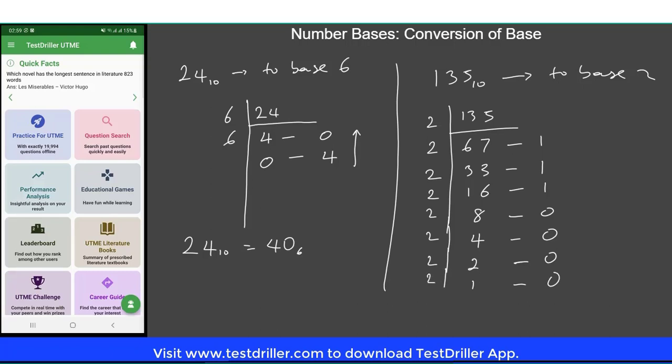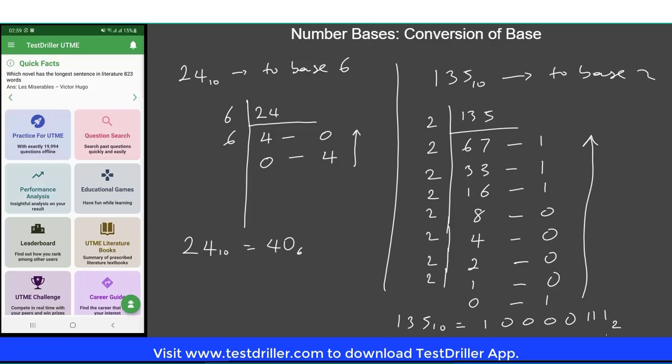Finally, 1 divided by 2 is not feasible, so you say 0, and the remainder here will be 1. So we can say that 135 in base 10 is equal to, taking the numbers from the bottom to the top, 10000111 in base 2. So this is how you convert from base 10 to any other base.